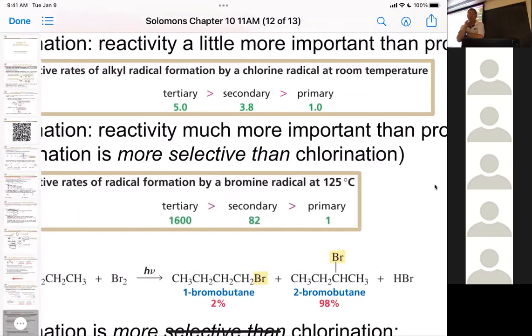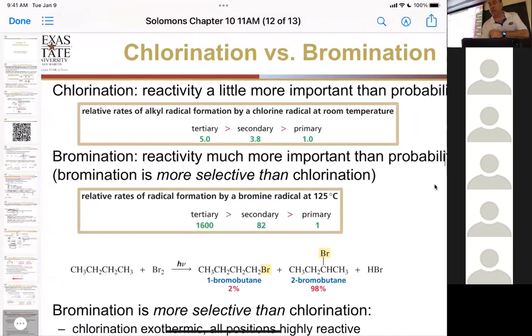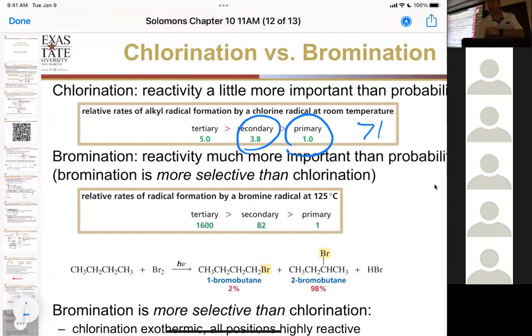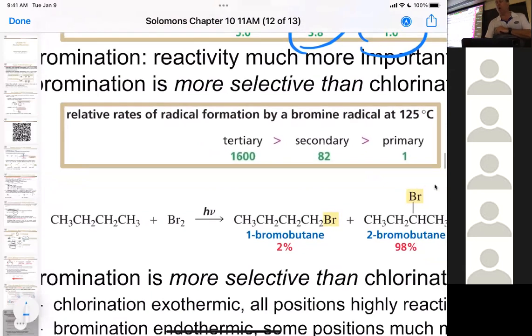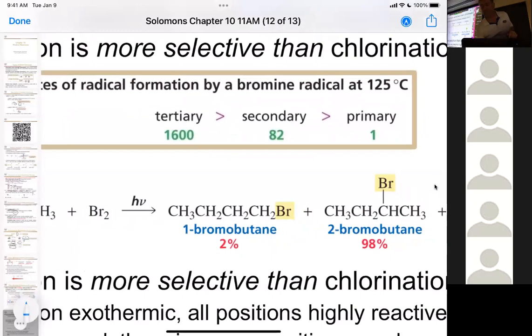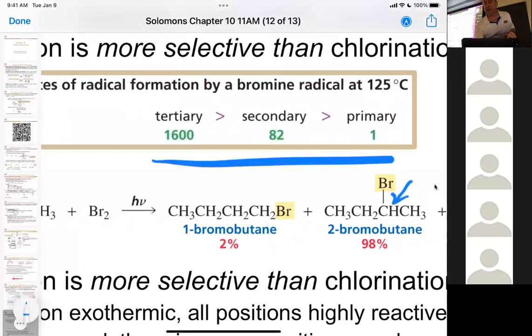If you do the reaction with chlorine, you're going to get more of the secondary than the primary, at 71 to 29. If we do that same reaction, and the only thing we do is switch out chlorine for bromine and hit it with light, the product ratio is actually 98 to 2 on the secondary, because of this reactivity ratio.